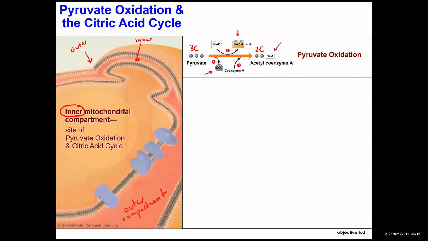Our initial reactant is going to be pyruvate. Do you see any ATP in here? No. So we're not going to make any ATP, and it's not going to cost us any energy.